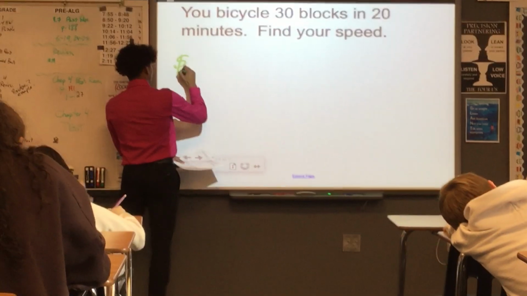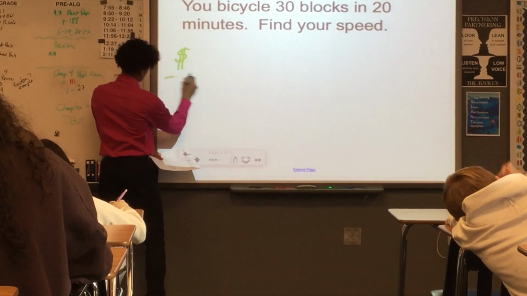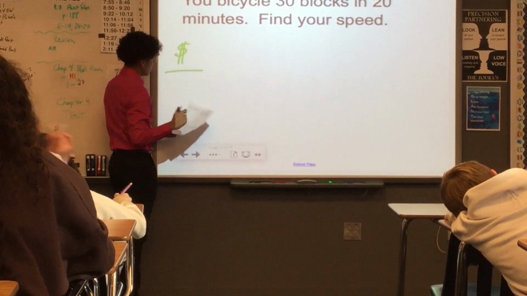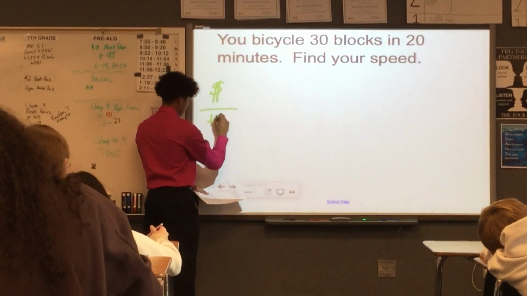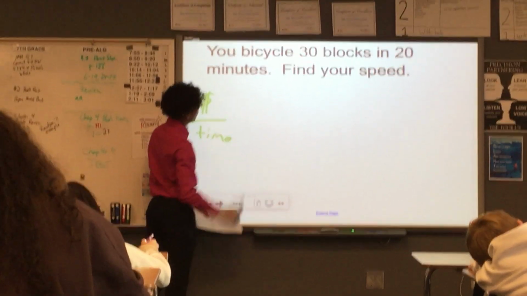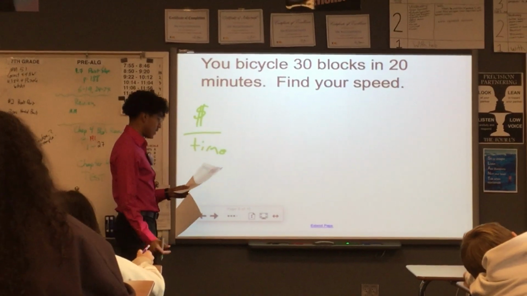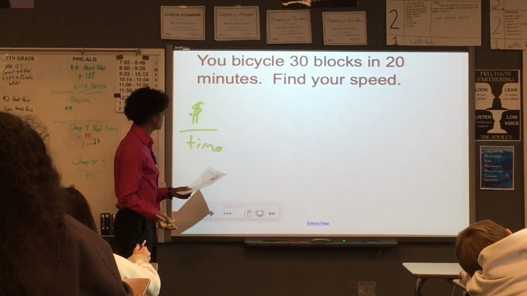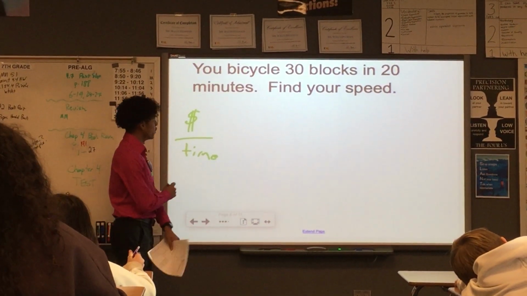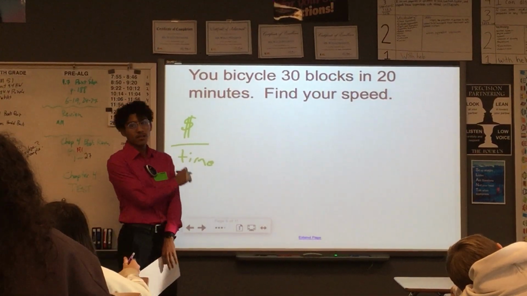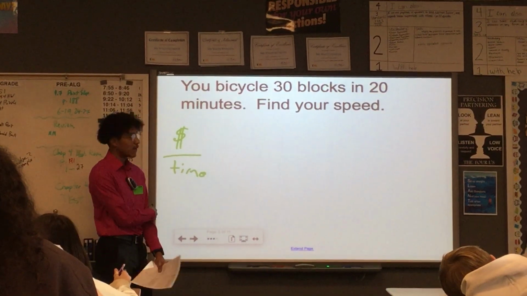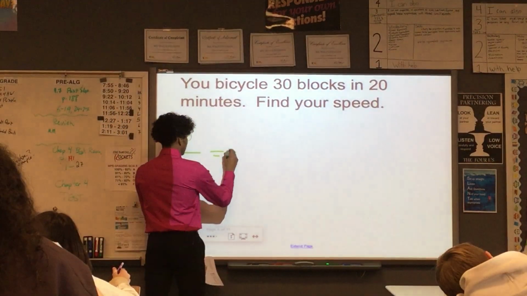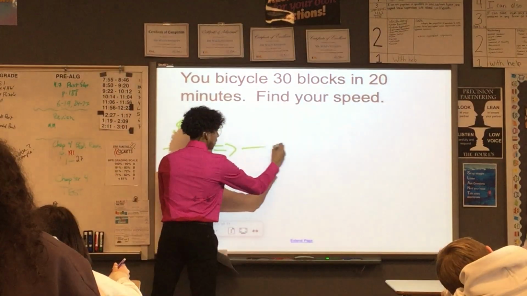So let's write a money symbol over, and then whenever you have time, that usually is going to go in the bottom when you're trying to find rates. Okay, so do we have anything that has to do with money on here? No. Do we have anything that has to do with time? Yes. All right, so where's that going to go? Time is going to be at the bottom.